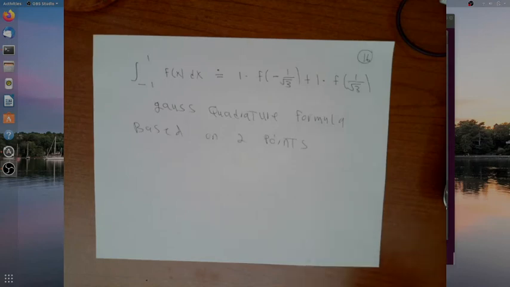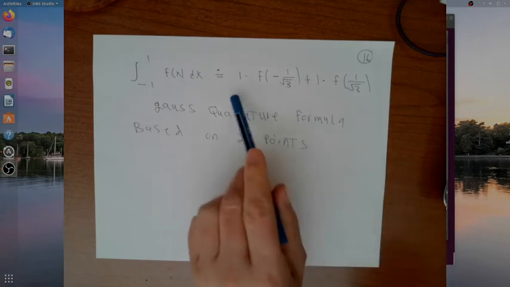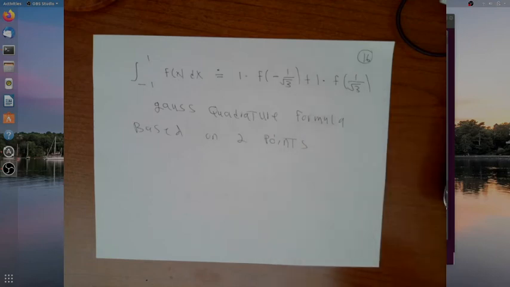I often like to write it with the R numbers in order from smallest to biggest, so if I wanted to do that, this would be my approximation method. This is the Gaussian quadrature formula based on 2 points.